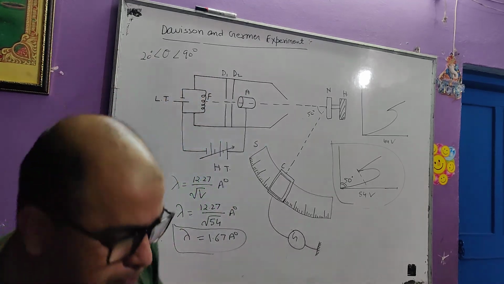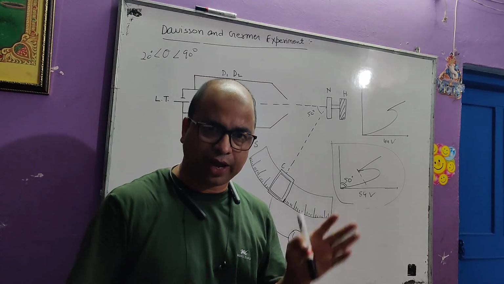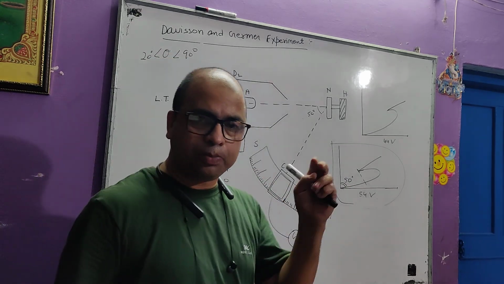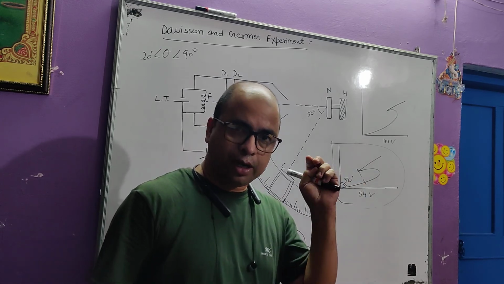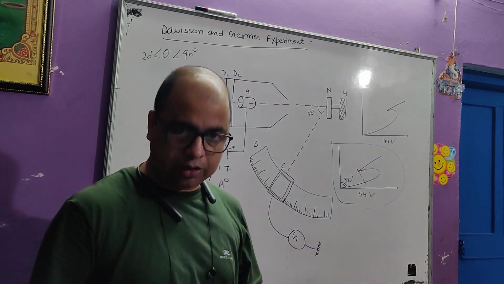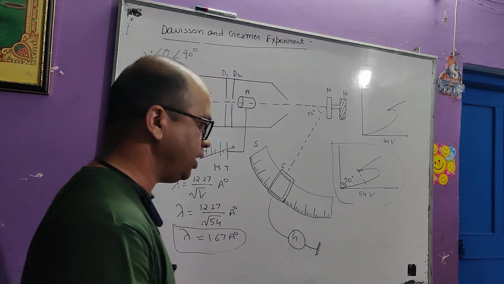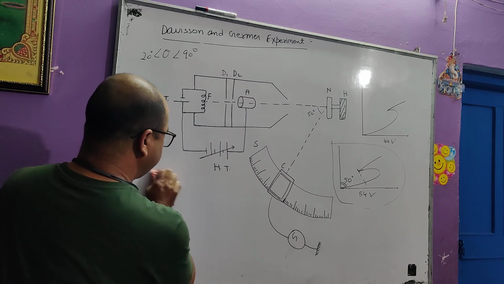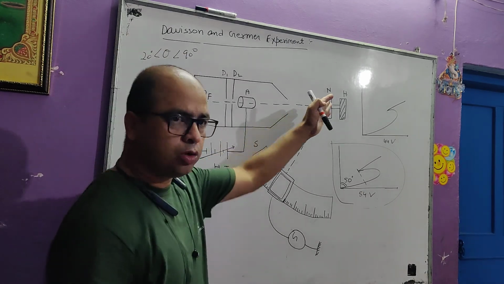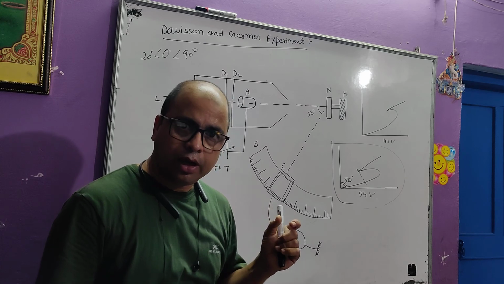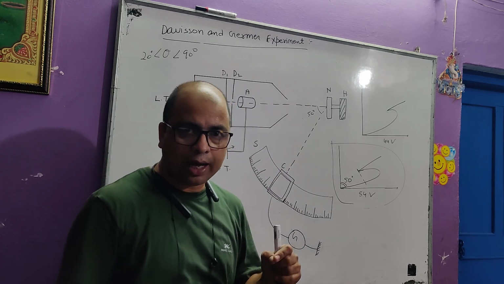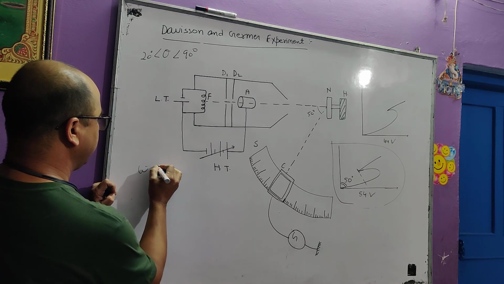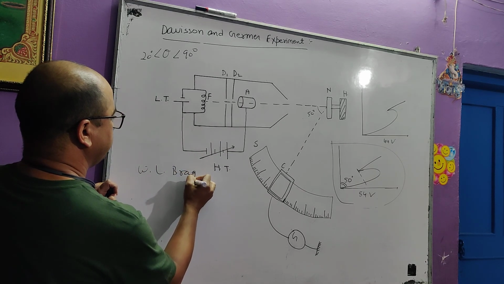There is a Bragg's equation for X-ray diffraction, that is X-ray considered as a wave. Davison and Germer found the wavelength of the electron by considering it as a wave using Bragg's equation.